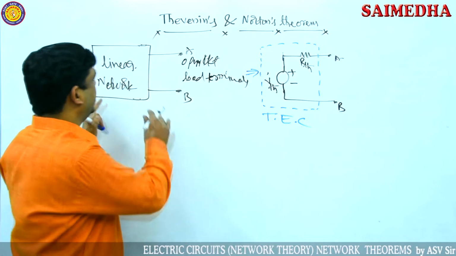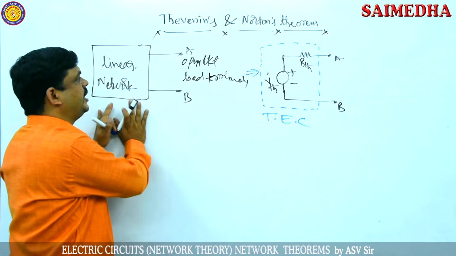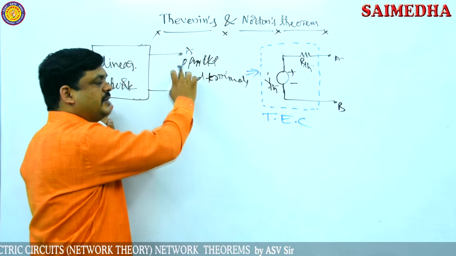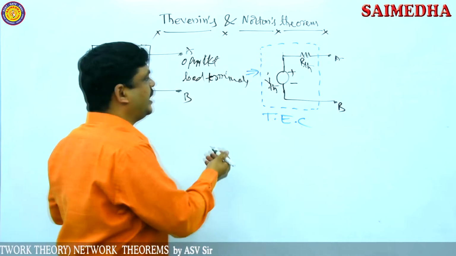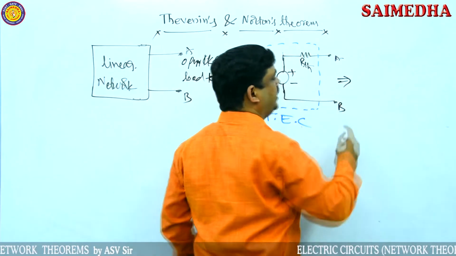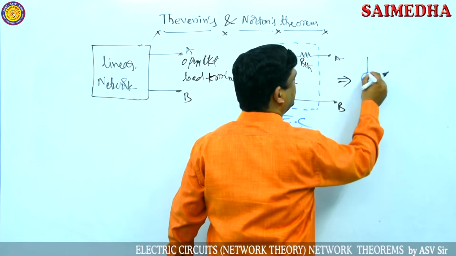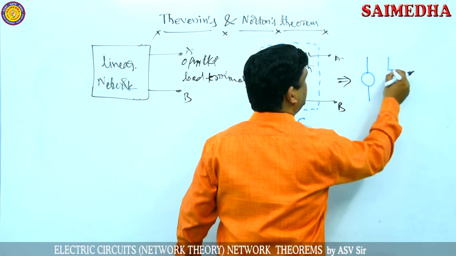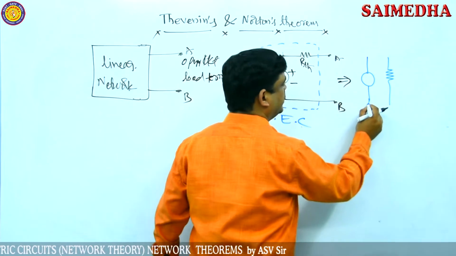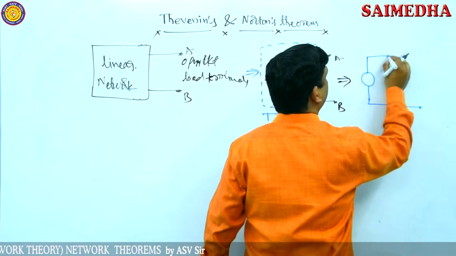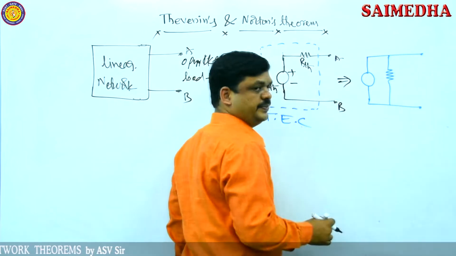And similarly, if any linear bilateral network is connected in between A and B terminals, these two open circuit load terminals, then the complete network is replaced with an equivalent current source. The current source is a practical current source, with internal resistance in parallel with the source.